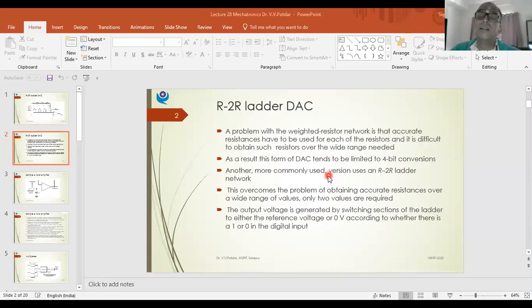Remember, friends, particularly in the case of A to D converters, there is always a big problem: if I'm receiving an analog signal that is to be converted into digital form, should I refer to the continuously varying analog signal, or should I take a sample of that analog signal and then convert it into digital form?